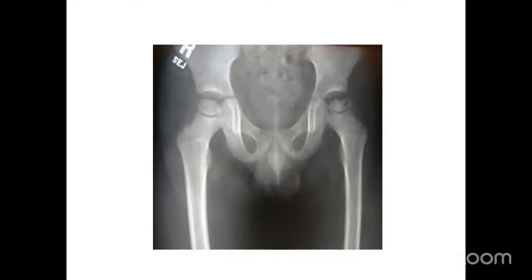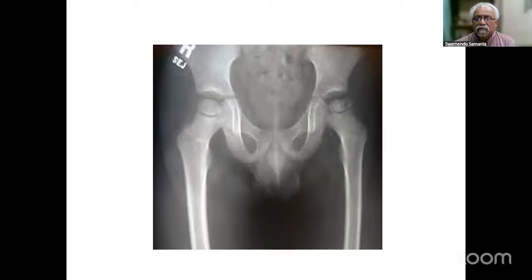Then you have to tell what has happened to this hip. The hip that we discussed just now was the developmental dysplasia. Here the hip is in place. So what has happened to the left hip?